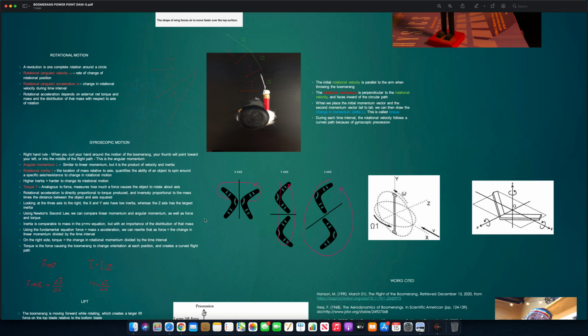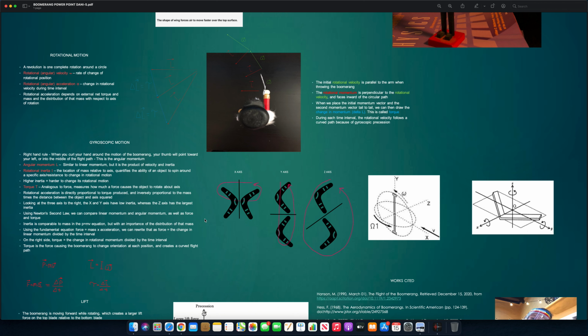So using Newton's second law, we can compare the linear momentum and angular momentum as well as force and torque. Inertia is comparable to mass in the p equals mv equation, but with an importance on the distribution of that mass. So using the fundamental equation, force equals mass times acceleration, we can rewrite that as force equals the change in linear momentum divided by the time interval.